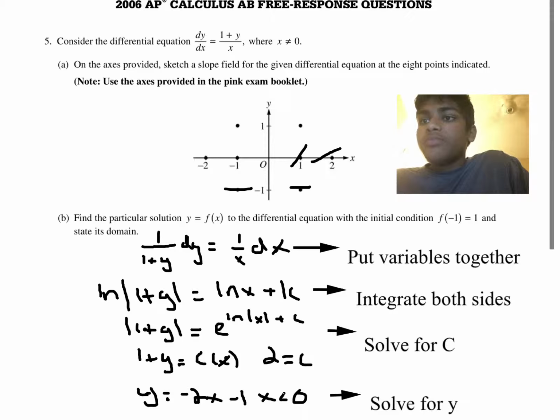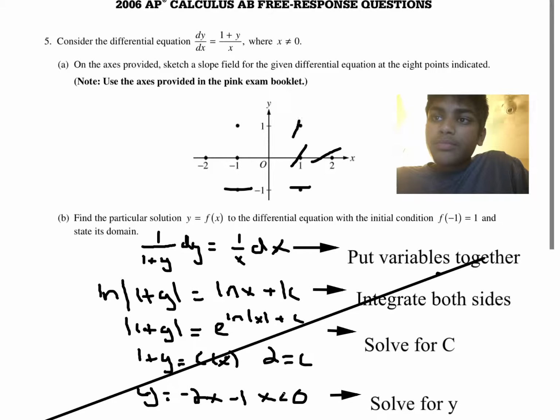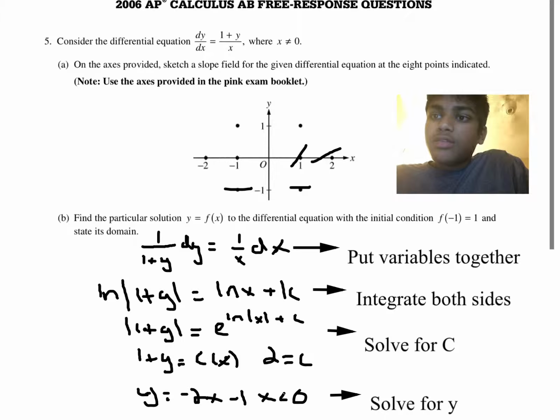Actually, that's a half slope, my bad. And at (1, 1), we have a slope of 2. Please forgive that. And we have the exact opposite on the other side. We have a -1, then we have a -1/2, and we have a slope of -2, I'm sorry.